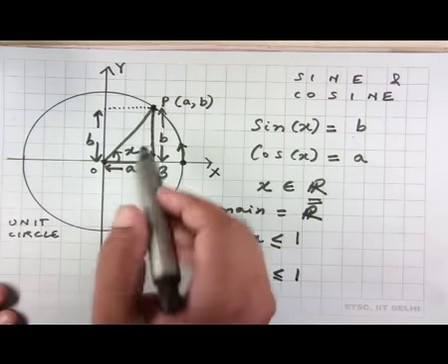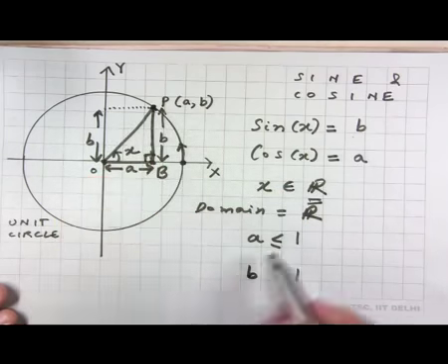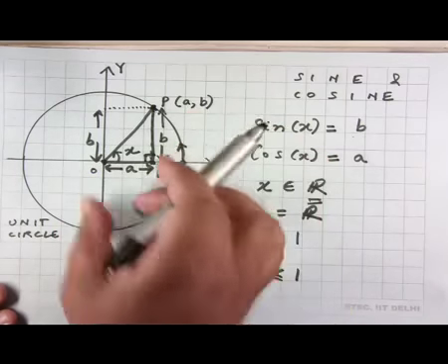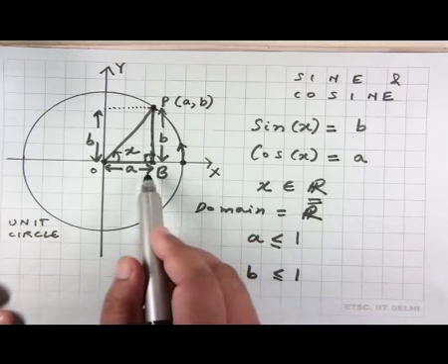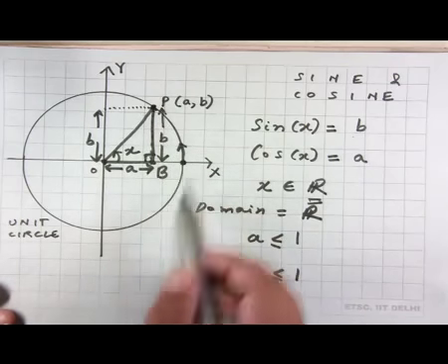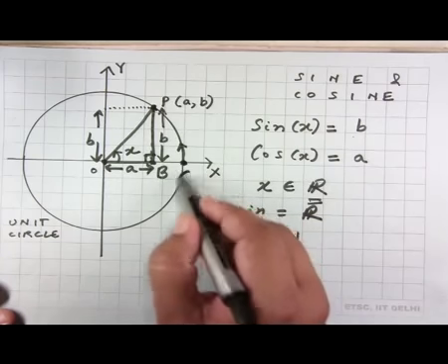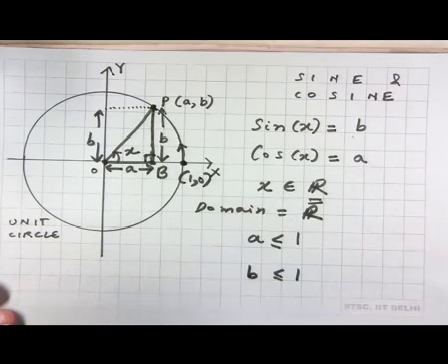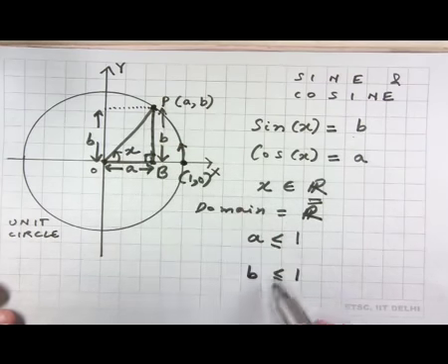Now, this is an upper bound. a always has to be less than 1, because the largest x coordinate of any point on this circle will not exceed this point. The coordinate of this point here is 1 comma 0, so the x coordinate of any point on the circle cannot be more than 1. That is why a is less than 1.